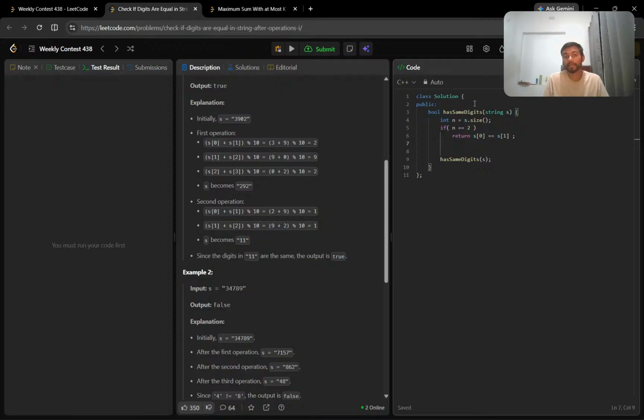We will make the new string. First we will loop i up to n, i plus plus. I think to convert the string to a number we have to subtract '0', so yes.